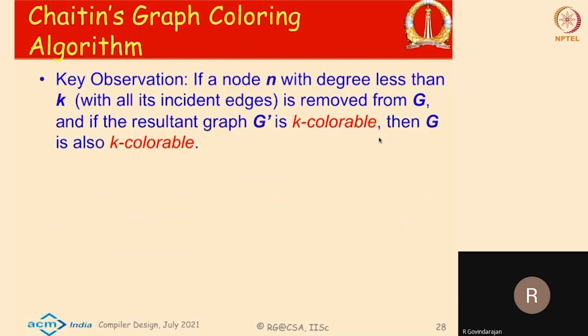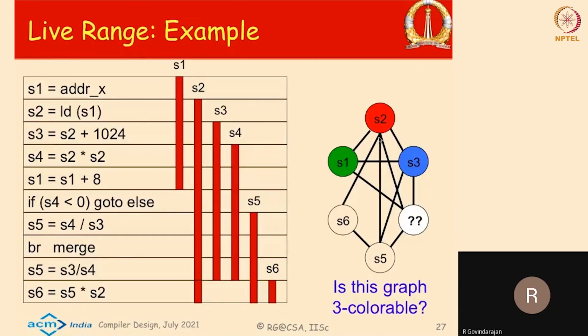That means that if I go back to this example here, and I say, let's say, is this graph 4 colorable, then the answer is: look at any one node which has less than 4 edges, strictly less than 4 edges. For example, S6.